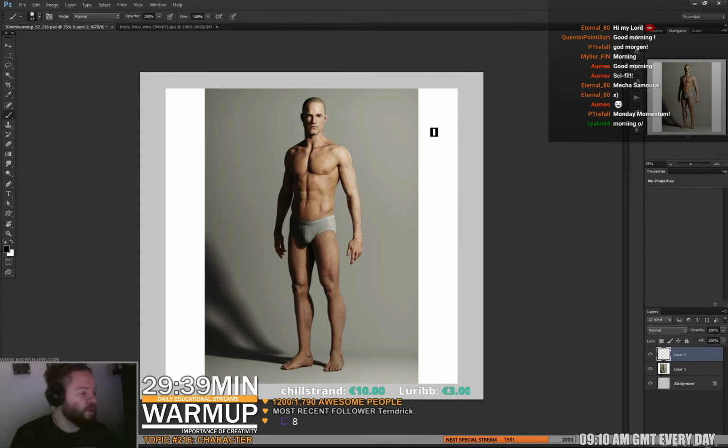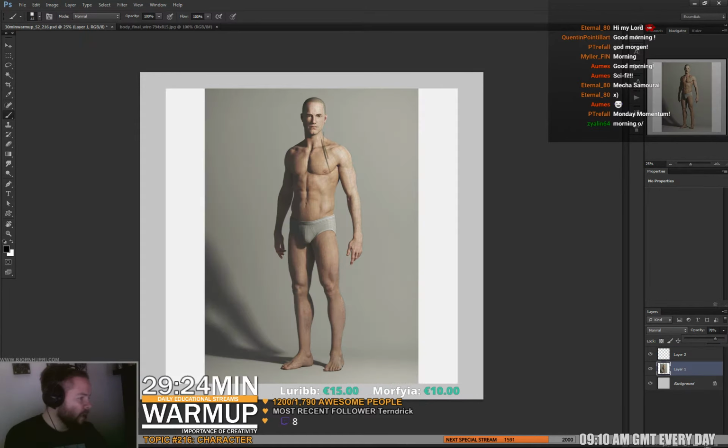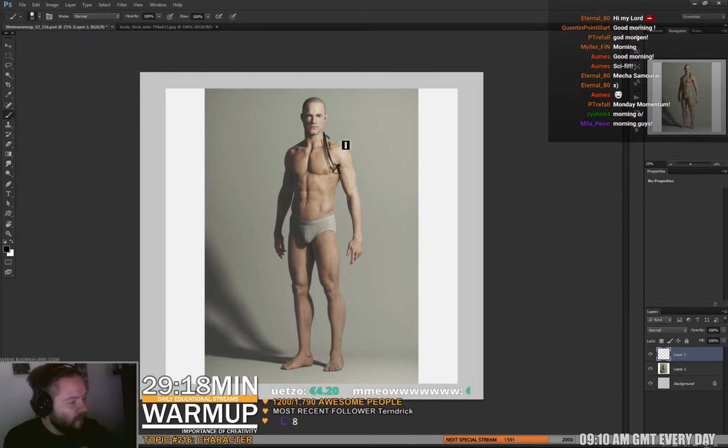I was supposed to do a checklist that I have to do for tomorrow. So let's make him like a Han Solo type character. What can I design in 30 minutes that will be like a Han Solo type character? Sci-fi, right?